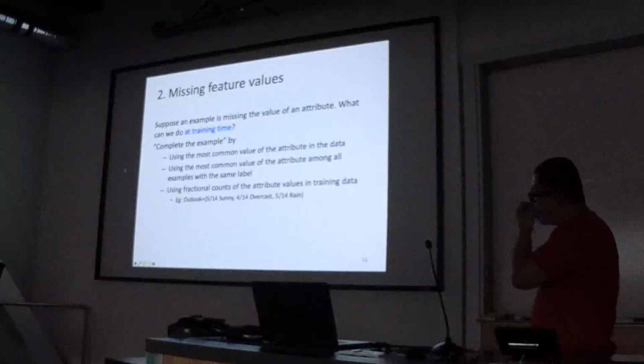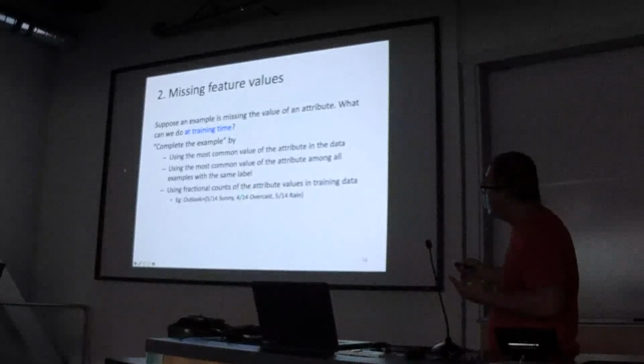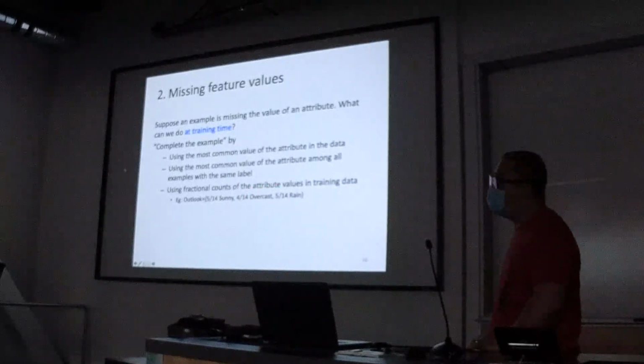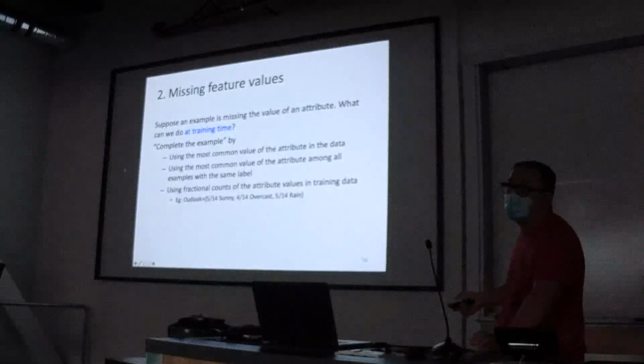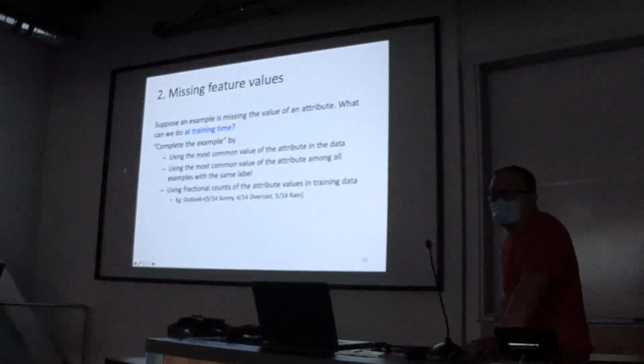We can look at the distribution of different values in the existing training data, right? We know that, okay, 5 are sunny, 4 are overcast, and 5 are raining, meaning that for this missing feature, it has 5 over 14 chance to be sunny, 4 over 14 chance to be overcast, and 5 over 14 to be raining, right?